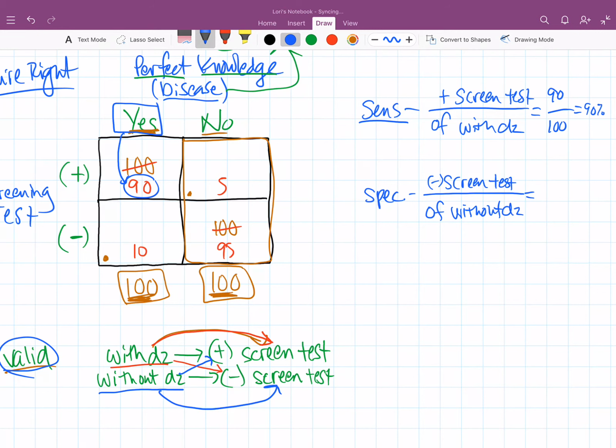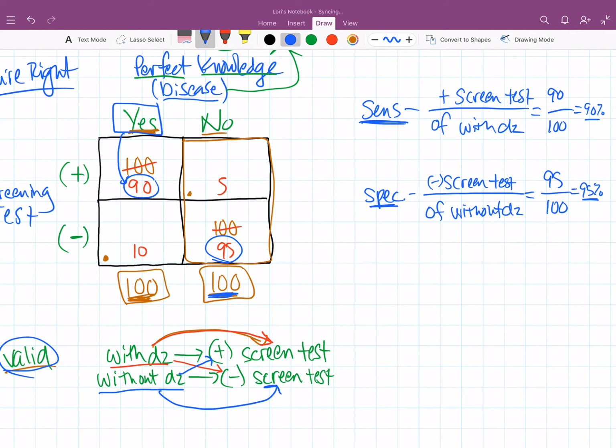And in our specific case, here we have 100 people without disease, and 95% of the time we were right. So 95 out of 100 is 95%. So this test, if this was a hypothetical test, would have 90% sensitivity and 95% specificity.